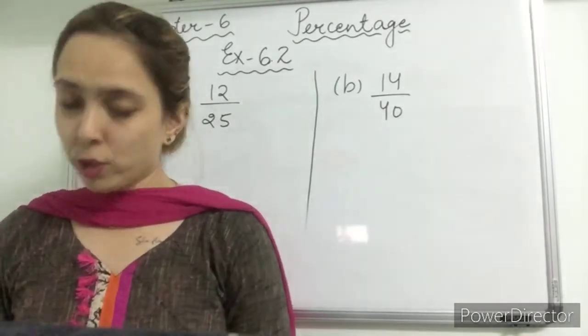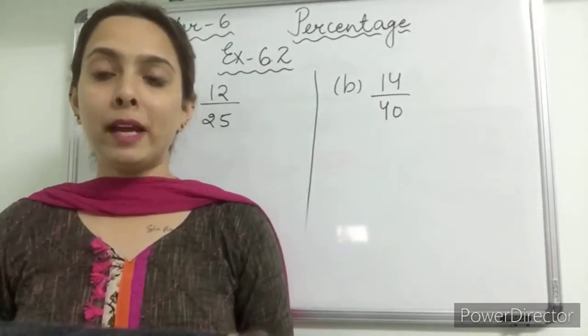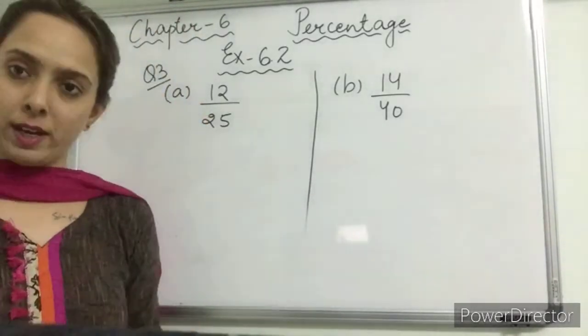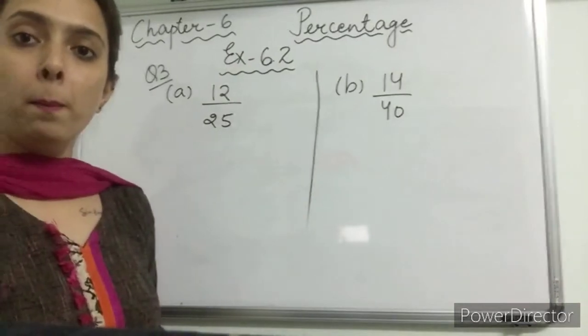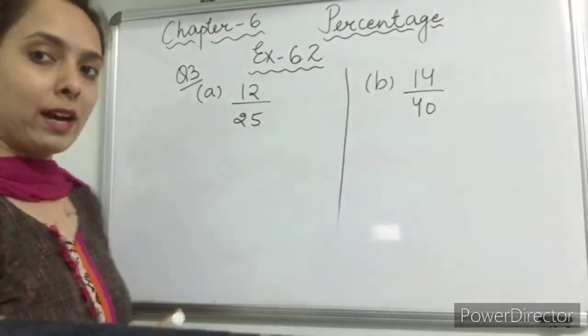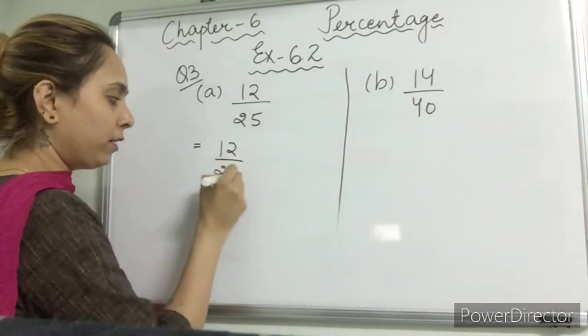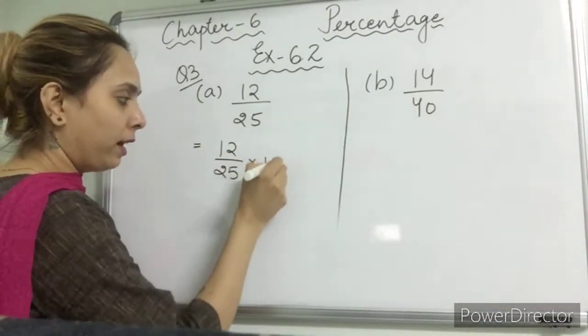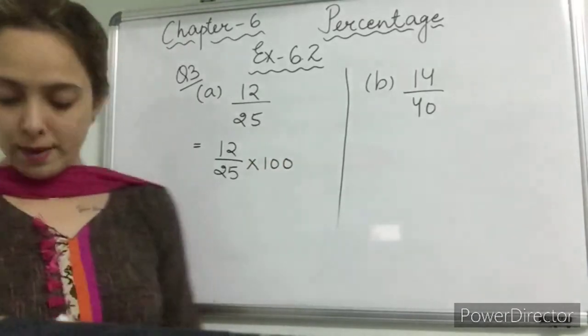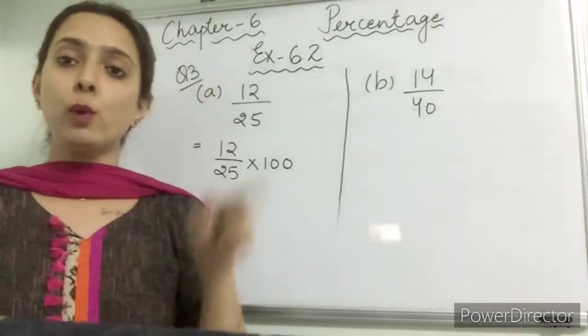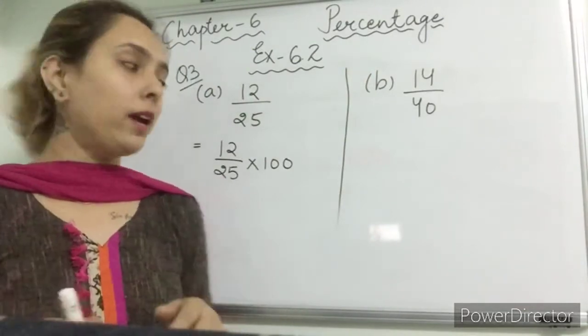So how are we going to do this question? By multiplying with 100. Look here, 12 upon 25. So I will multiply this fraction 12 upon 25 by 100, because in the question it is mentioned multiply by 100.